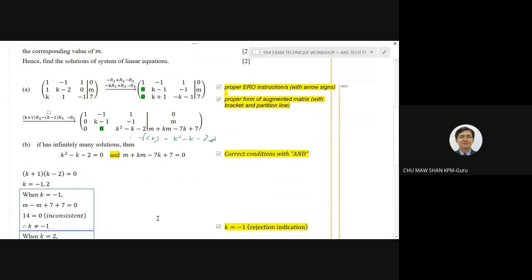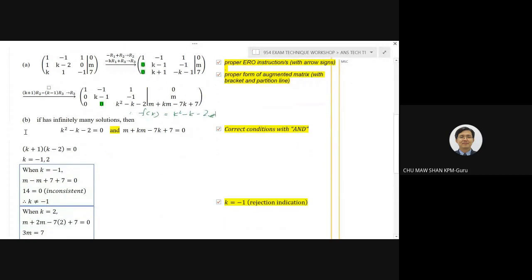Okay, from here, from the first one, K square minus K minus 2 equal to 0, after factorize, we got two values, -1 and 2. But when we evaluate K equal to -1, by using the second equation, we have found an inconsistent situation. Inconsistent situation bermaksud, bila saya sub values of K into the equation, I found that right hand side is 14.